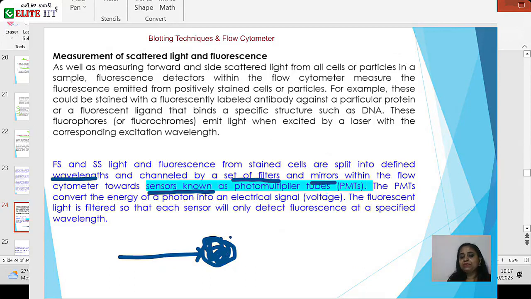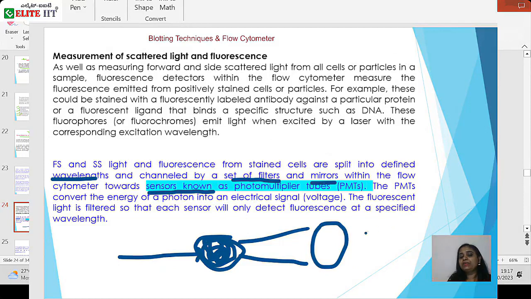So the laser beam hits, then the particle lights are scattered. Those are coming to the filter, and after that there will be detection, and that is through a sensor known as the PMT. After the filter, the PMT is attached. Now the PMTs convert the energy of a photon into an electrical signal.